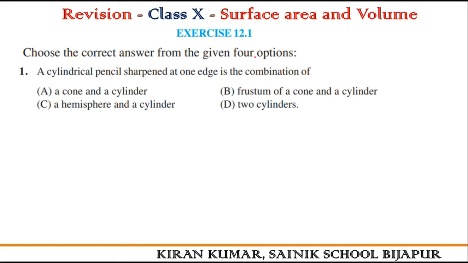First option is cone and a cylinder. Second option is frustum of a cone and a cylinder. Third option is a hemisphere and a cylinder. And the fourth option is 2 cylinders.